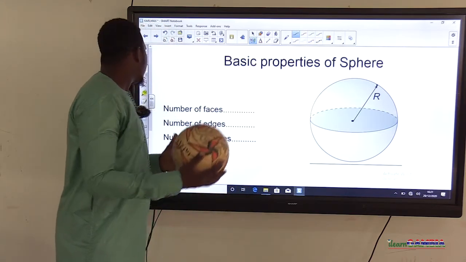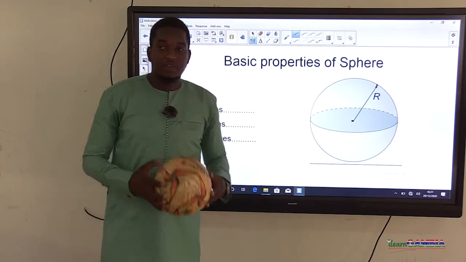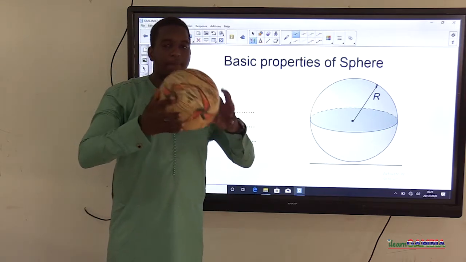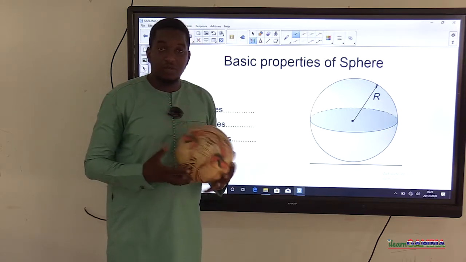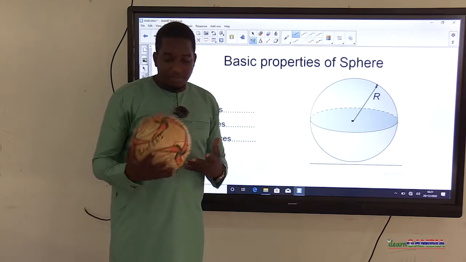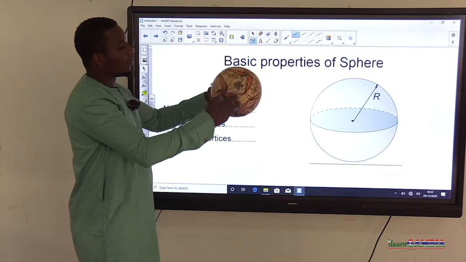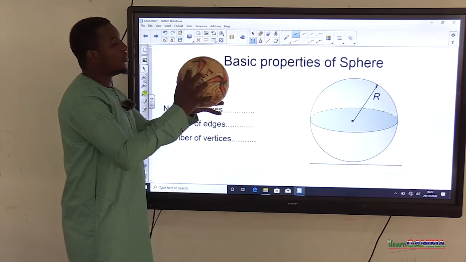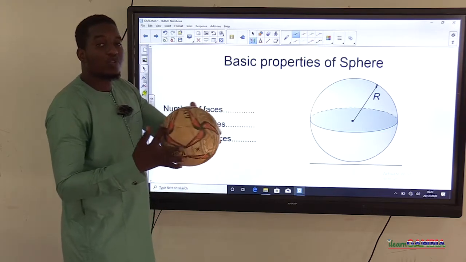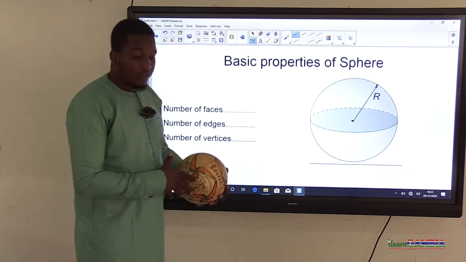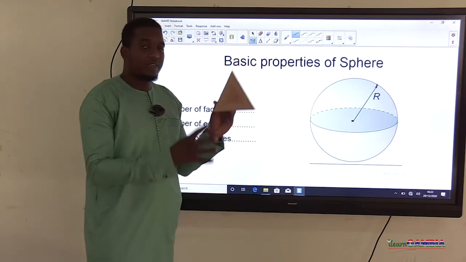So we look at the number of faces that a sphere has. Now let's look at the sphere. How many faces does it have? Well, looking at it, it has just one surface area, different from the face that we talk about when we are talking about the tetrahedron.